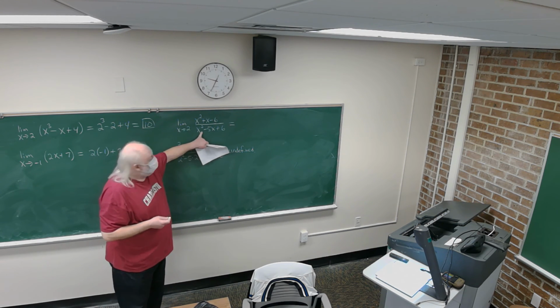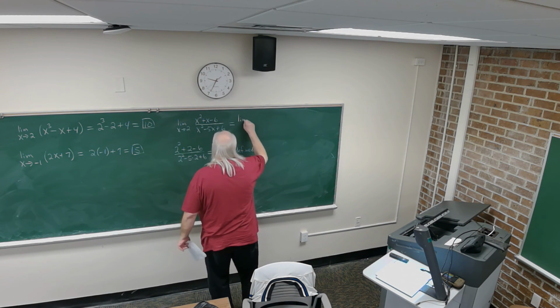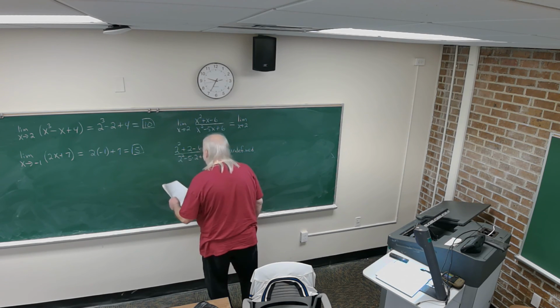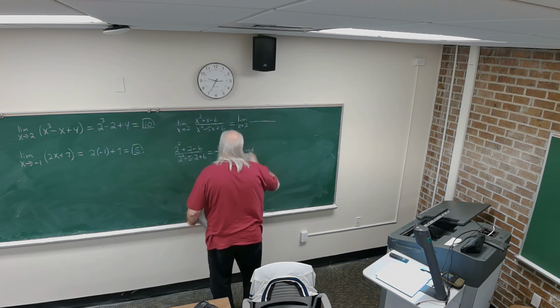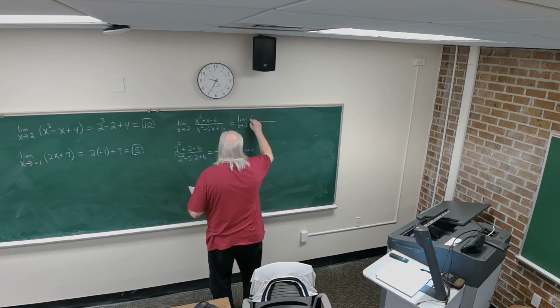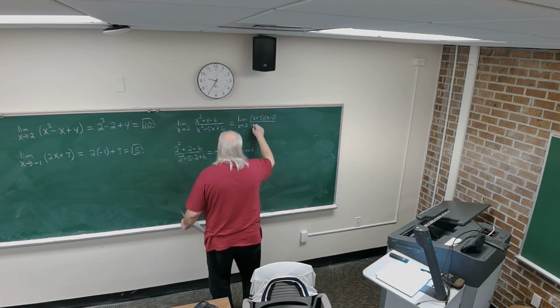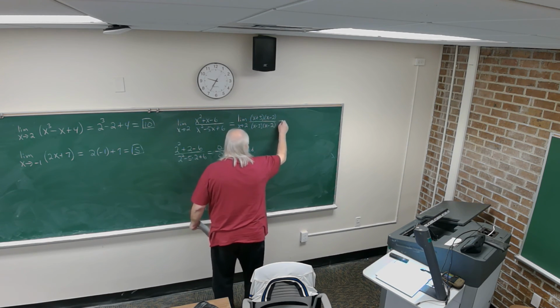So this is equal to the limit as x approaches 2. Actually, we'll just rewrite out that first part. The numerator factors into x plus 3 times x minus 2, over x minus 3 times x minus 2.